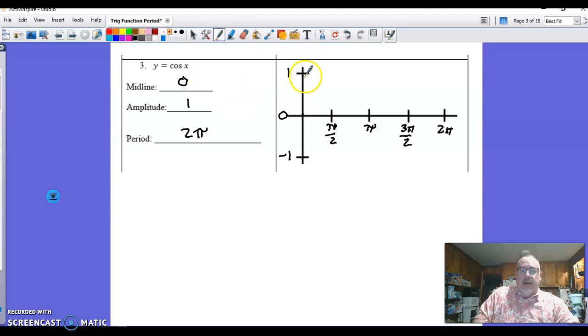And cosine starts at the maximum, to the midline, then the minimum, back to the midline, back to the maximum. And there you have it. All right, so that's number 3, cosine. And we've done that a few times.